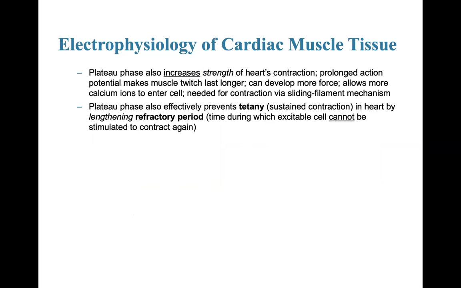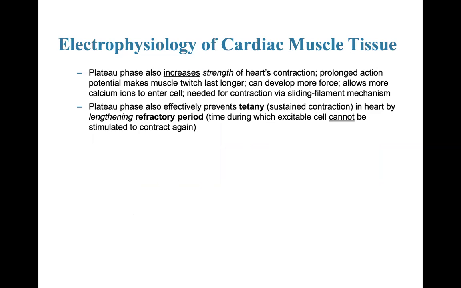The plateau phase also increases the strength of the heart's contraction. The prolonged action potential makes the muscle twitch last longer and can develop more force. This allows more calcium ions to enter the cell, which is needed for the contraction via the sliding filament mechanism.